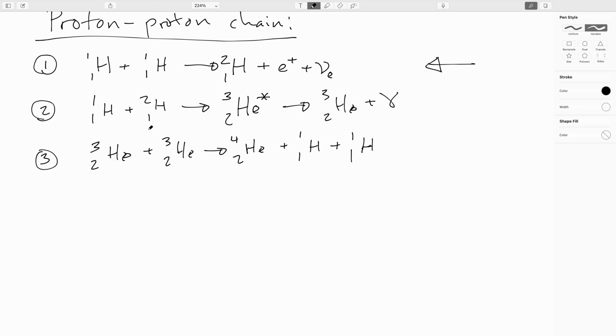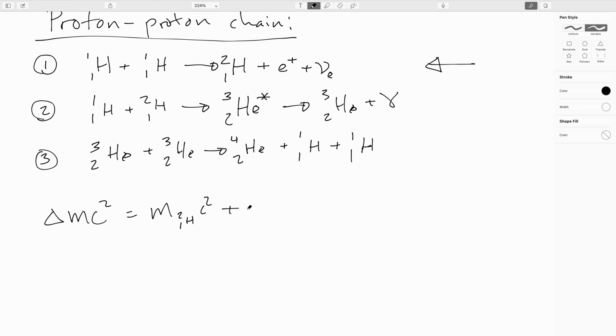So let's just calculate how much the rest energy of the system changed by. So the change in the rest energy, delta mc squared, is going to be, we've got the mass of a deuteron times c squared. That's its rest energy.